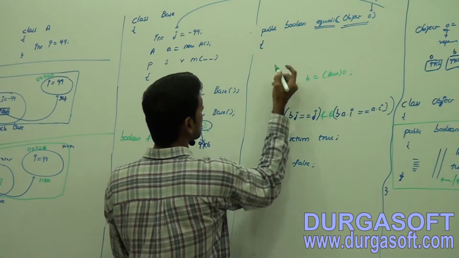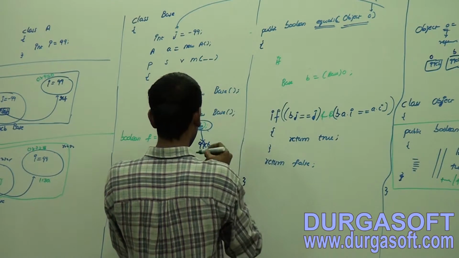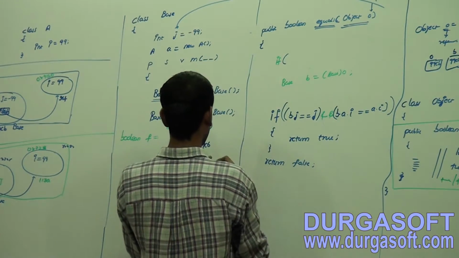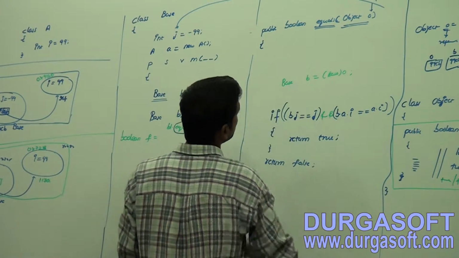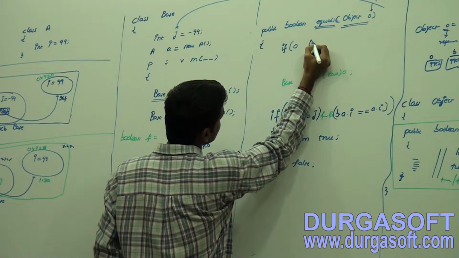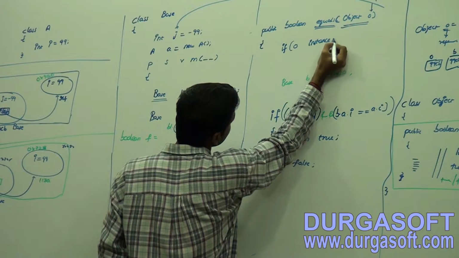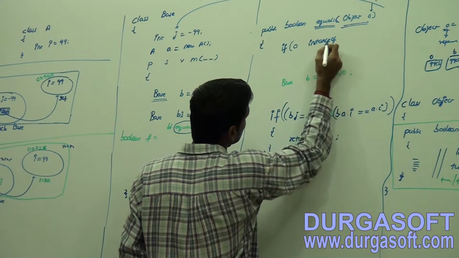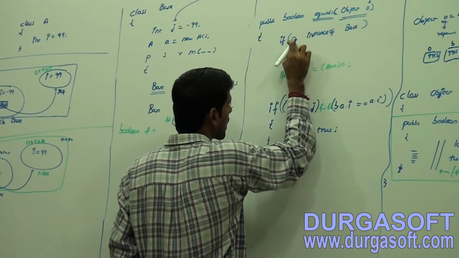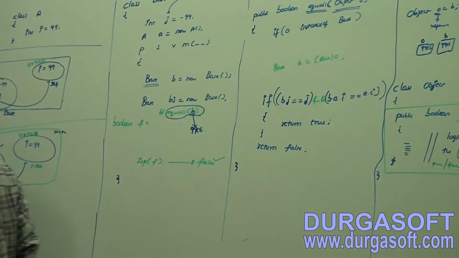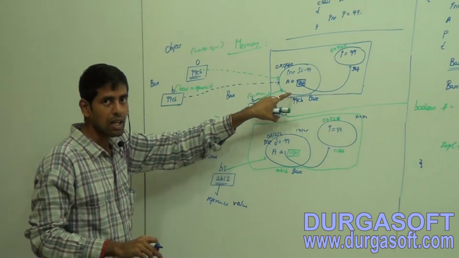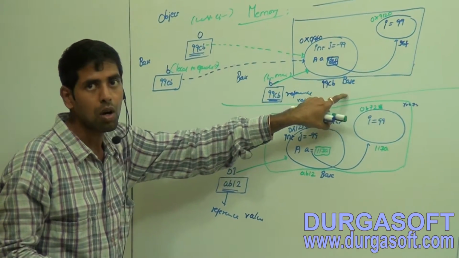Okay, so to avoid that ClassCastException, observe here: if o instanceof Base. I am checking what o is referring to, underlying object, whether it is Base type or not.